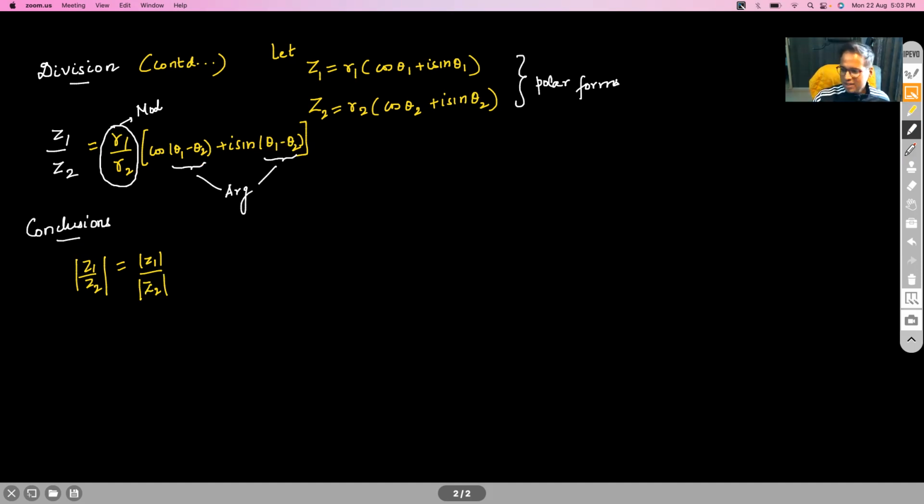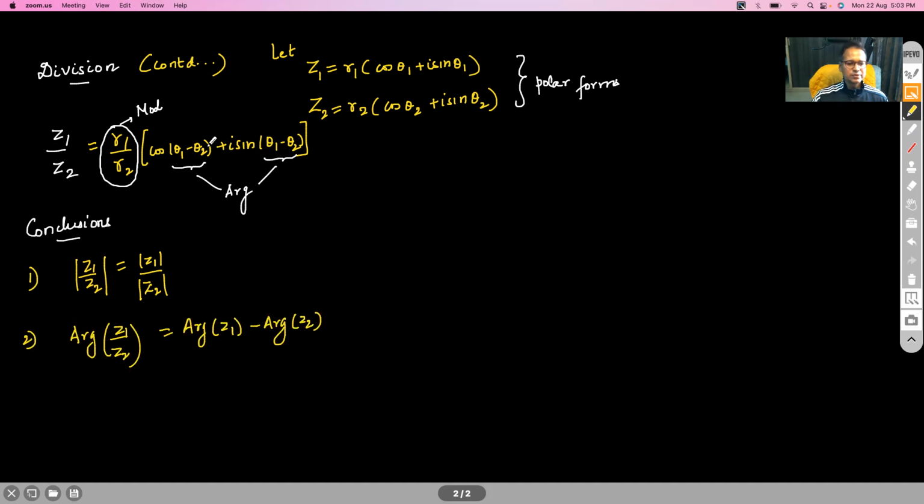Yes or no? Right. So this was our first conclusion. The second conclusion was that the argument of Z1 by Z2 is argument of Z1 minus argument of Z2, which is directly coming from this particular fact. Is it fine? Any questions?